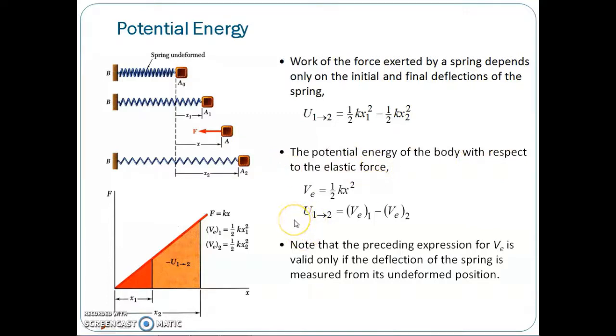Here, the work of the force exerted by a spring, or the work of the elastic force U1-2, is equal to the potential energy of the body with respect to this elastic force, the initial minus the final.